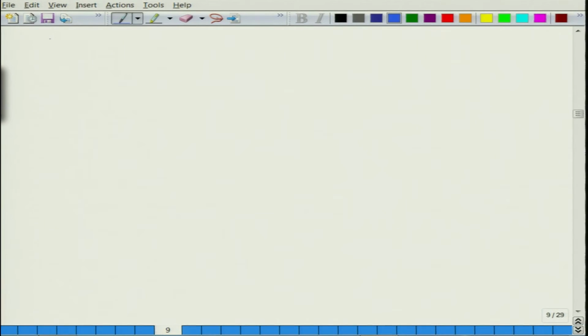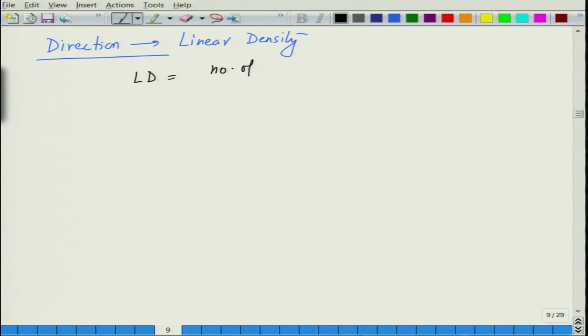For a direction you can work out linear density. So, let us say you have a FCC, again you go to FCC. So, linear density you can define as number of atoms along a vector divided by length.